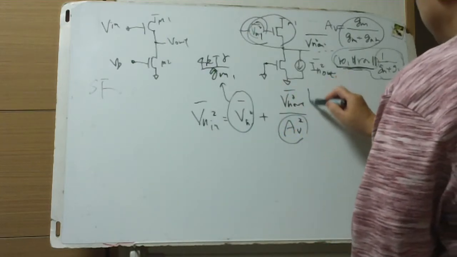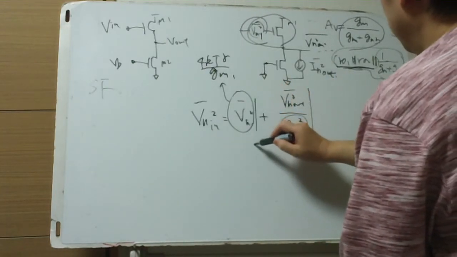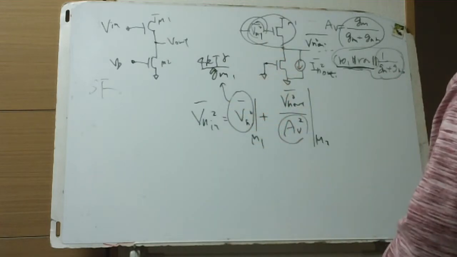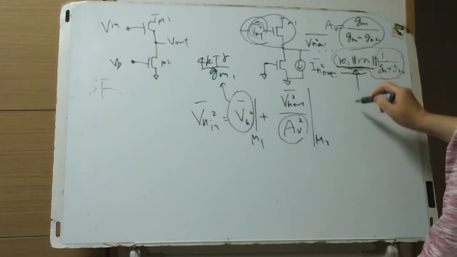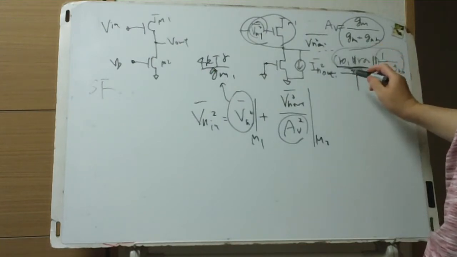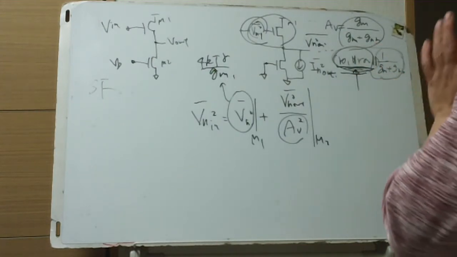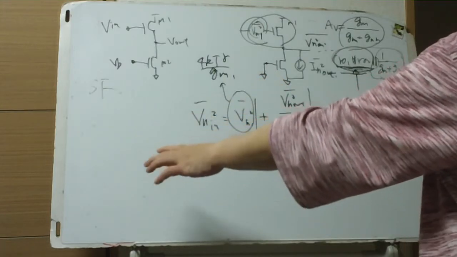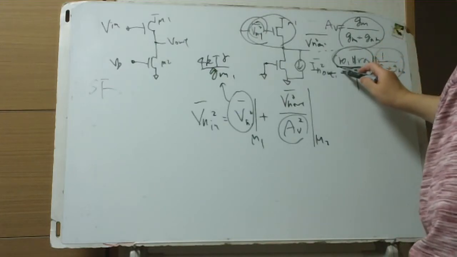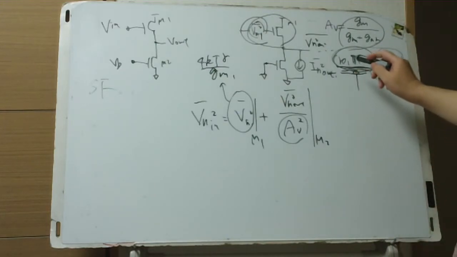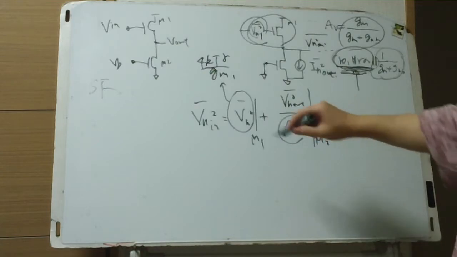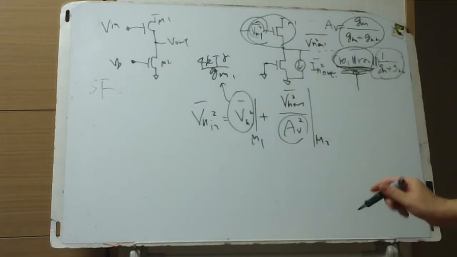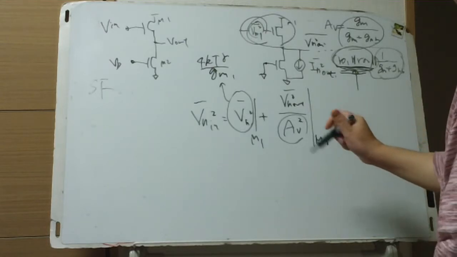This factor is just for M2, this is for M1, separated for easy calculation, even when this factor is considered for accurate calculation of input referred noise. But usually this is large, so negligible. And a different way, the usual way, is applicable. Okay, it's okay.